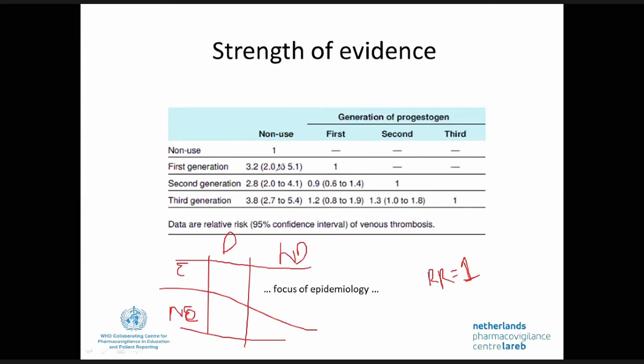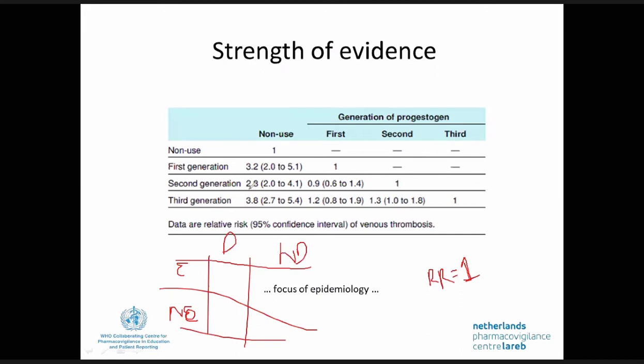But if somebody is exposed to first generation progestogens and the relative risk calculation gives you a 3.2, any relative risk above 1, you know that there could be an association there. So 3.2 can tell you that exposure to progestogens is most likely to result in the occurrence of a venous thrombosis.